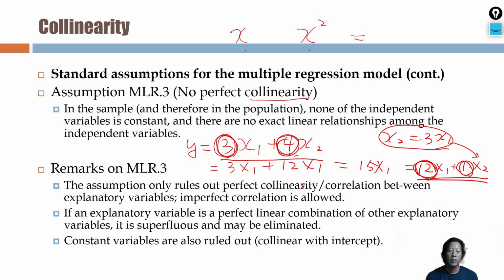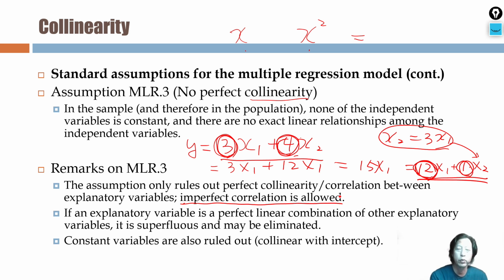So you cannot have perfectly uncorrelated variables. A little bit of imperfect correlation is allowed. However, there could be some bias if the correlation is significant. So we will talk about that in model selection later.